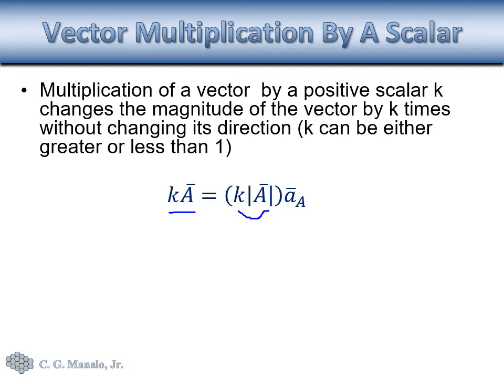We can write that in this manner. So this is a vector that has a length k times the magnitude of the vector, and beside it is a unit vector that has a direction the same as the vector quantity.